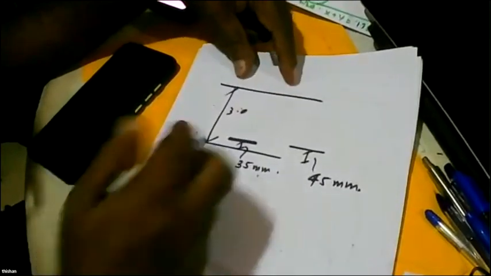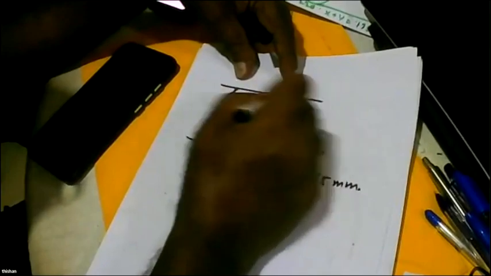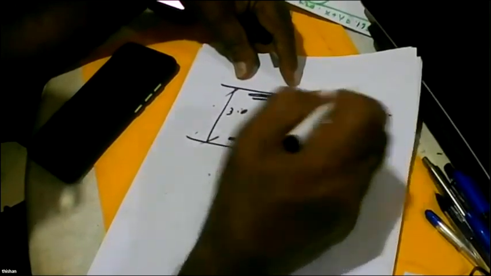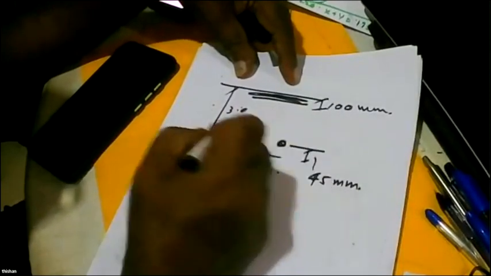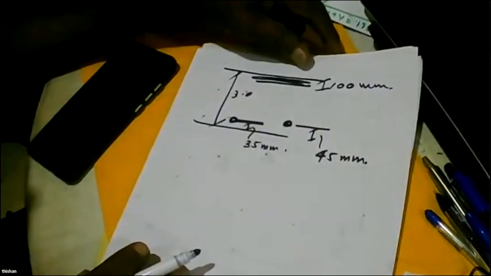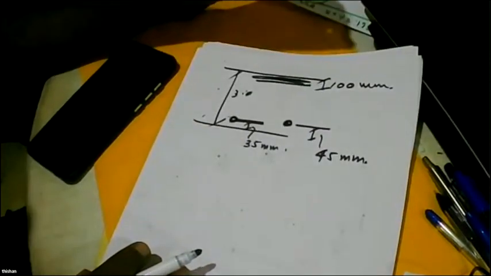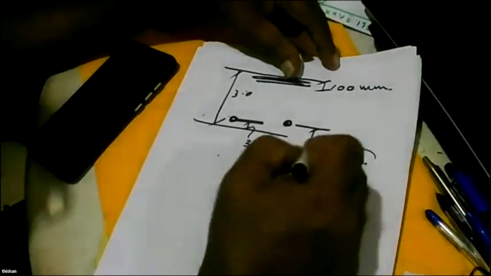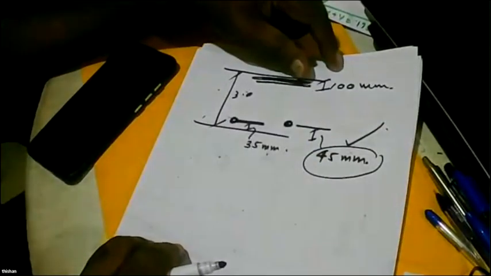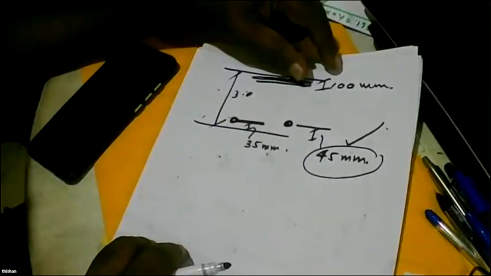What is the impact on the lever arm? Here the depth of the neutral axis is about 100 millimeters. The reinforcement is here or here. Would it make any difference? No. The same reinforcement, but what is the durability of this one? Much higher. Durability of 45 or 50 millimeters will be much higher.